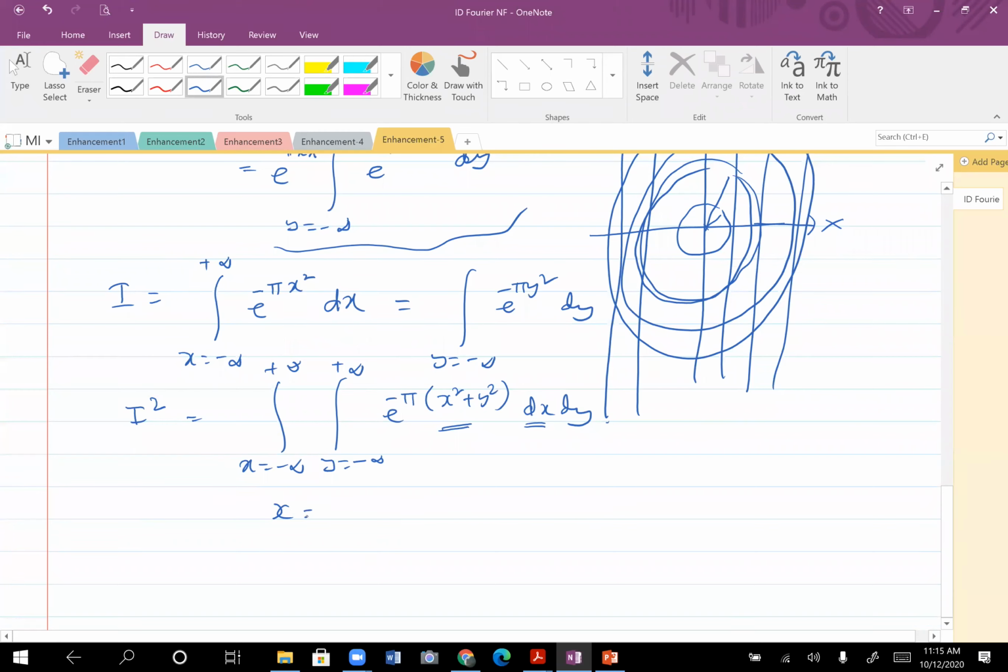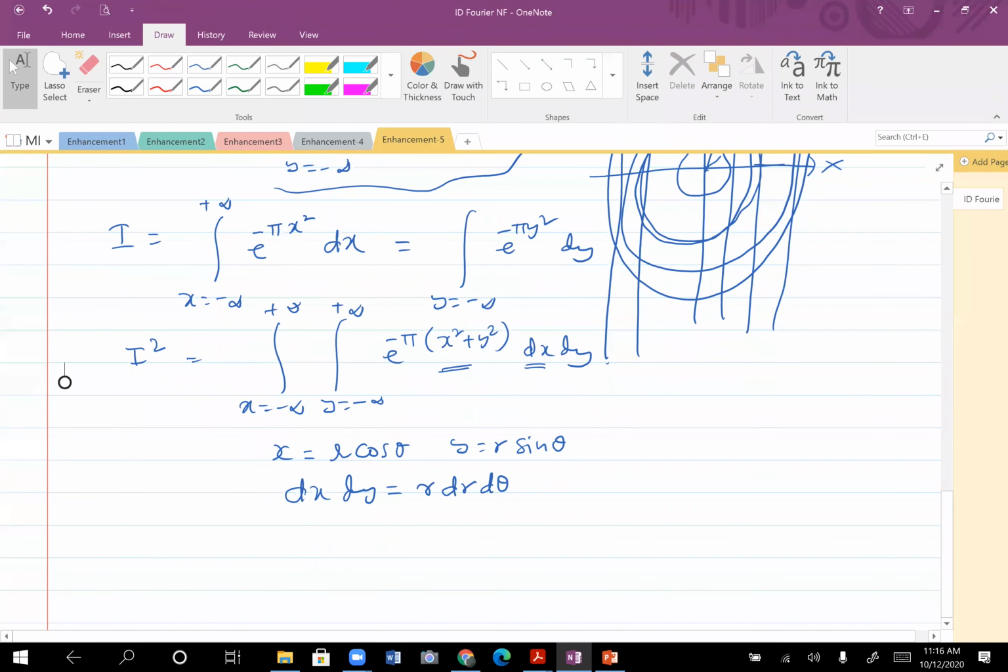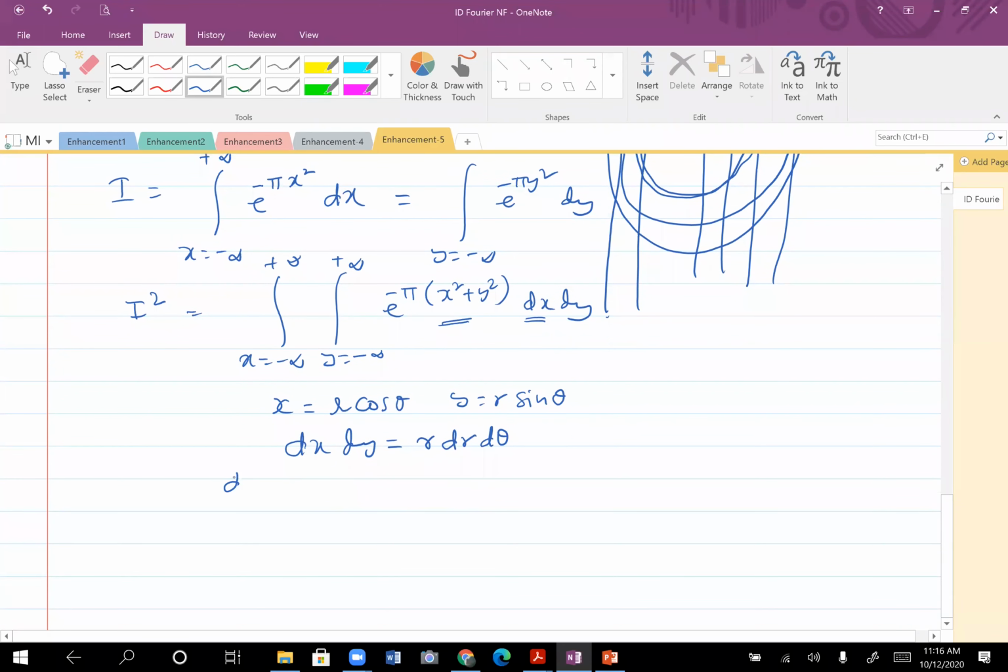For going from rectangular to polar, x equals r cos theta, y equals r sin theta. Then what is dx dy? This would be equal to r dr d theta. Just check this out, it is very standard. Basically, if you want it formula-wise, typically you have two variables now, r and theta, both mixed together.